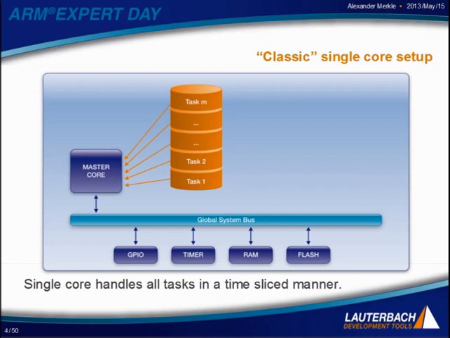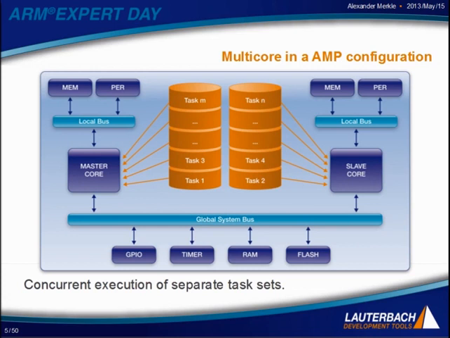Let's talk about multicore. The simplest solution to implement a multicore chip is simply to add a second core. We now have one core, another core, and we still have our bus, peripherals, data, and instruction memory.